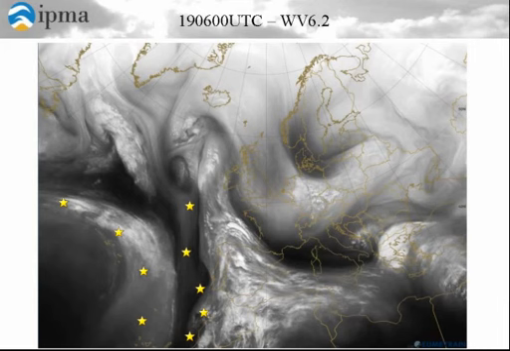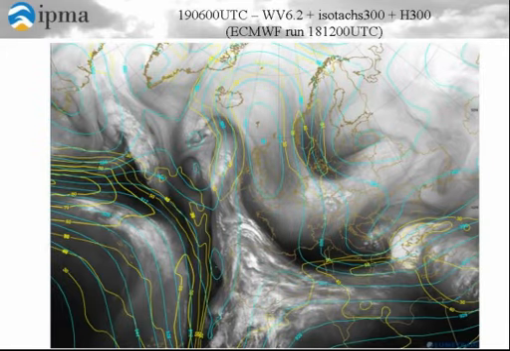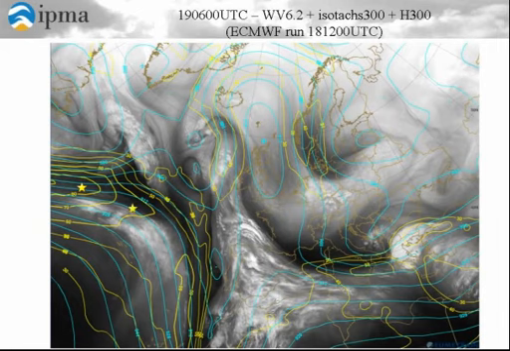Also, you can see, of course, as I was telling you, the jet. This is the isotachs 300, and you can see here the jet, also a branch of the jet here, and another one here.